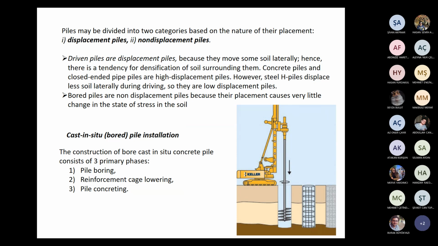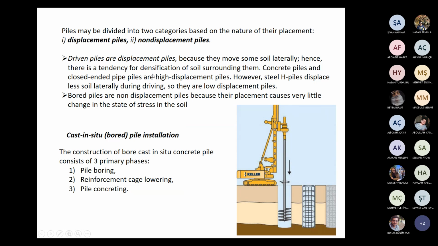However, steel H piles displace less soil laterally during driving. It's easy to understand because close-ended pipe piles or concrete piles have greater volume compared to H-section piles.